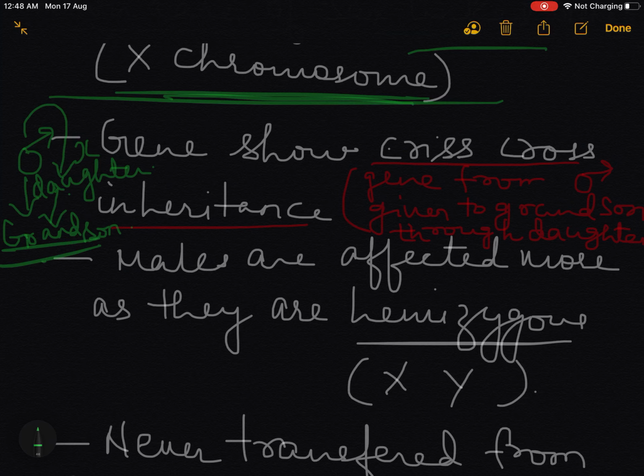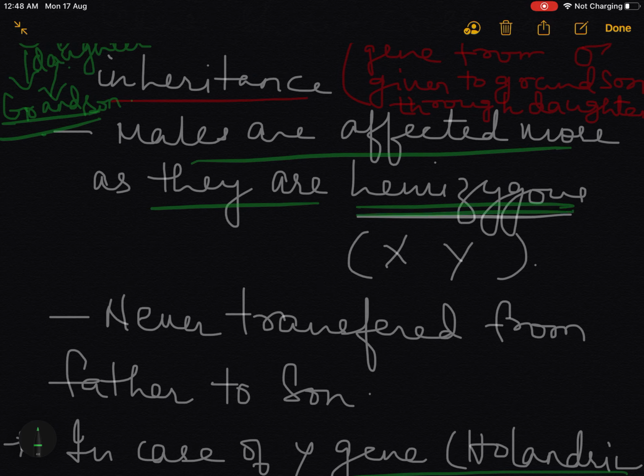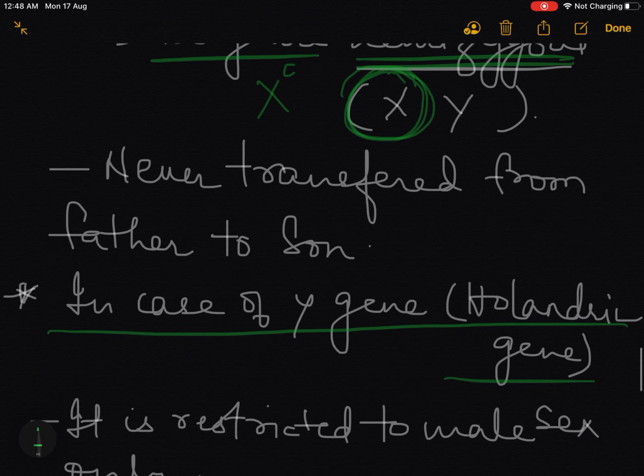That means it is sex linked, because the sex chromosome here means the X chromosome, right? Males are affected more. Why? Because of the hemizygous condition. I have told you that they have only one X chromosome, and if that X chromosome carries the gene, then they will be affected. It is never transferred from father to son.